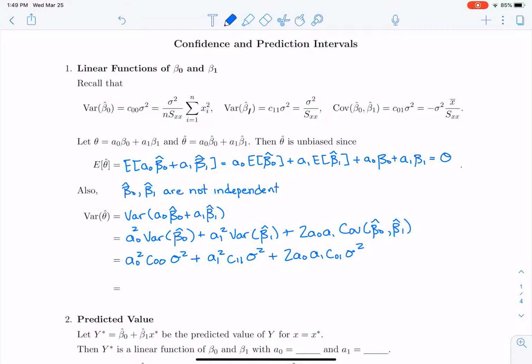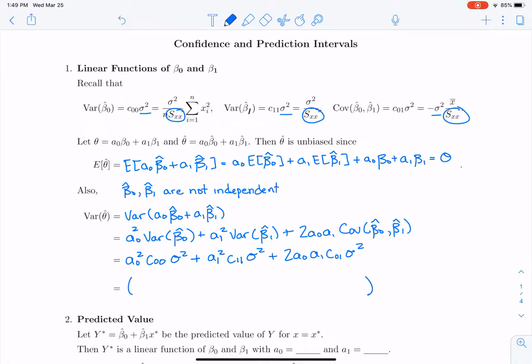And now I'm going to rewrite those, noticing that two terms are in all three of those terms that I have there. Each one of these terms contains a σ², and each one contains s_xx.